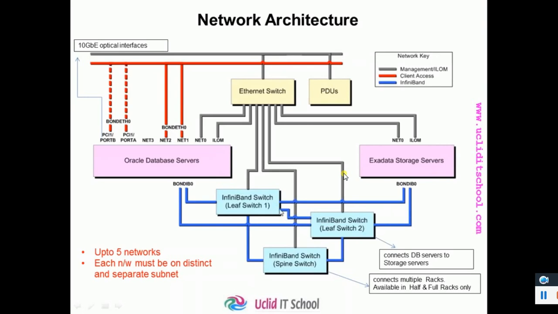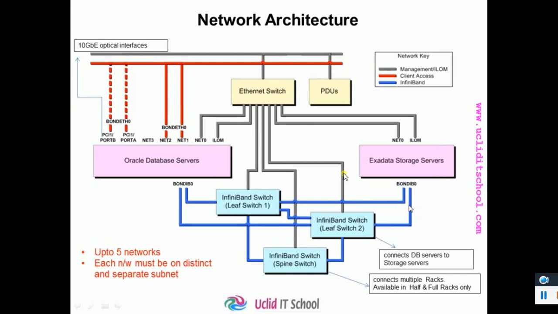So that is the InfiniBand network. What is the use of InfiniBand network in Exadata? It is used for 2 things. One is to connect database servers with storage servers. And second purpose is, if you implement RAC, the InfiniBand is also used for RAC interconnect communication.